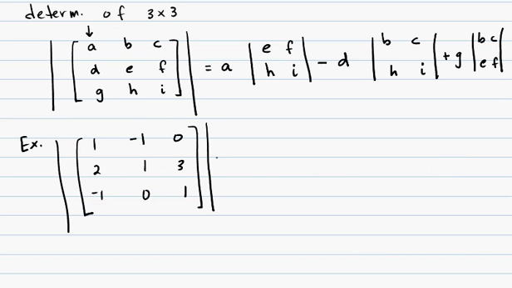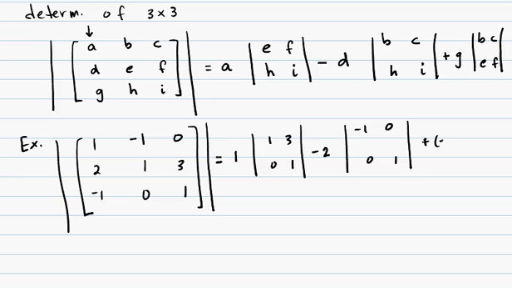So I jumped ahead and wrote this example to save a little bit of time. So let's see what happens when I take the determinant of this 3 by 3. I would have 1 times the determinant of 1, 3, 0, 1, minus 2 times the determinant of negative 1, 0, 0, 1, plus negative 1 times the determinant of negative 1, 0, 1, 3.